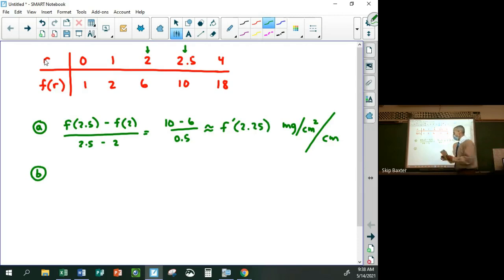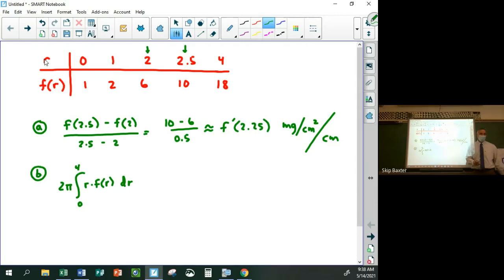Okay, part B, it says the total mass in milligrams of bacteria in the petri dish is given by this integral expression: 2 pi integral 0 to 4 of r times f of r dr. It says to approximate this using a right Riemann sum with the 4 subintervals indicated by the data in the table.